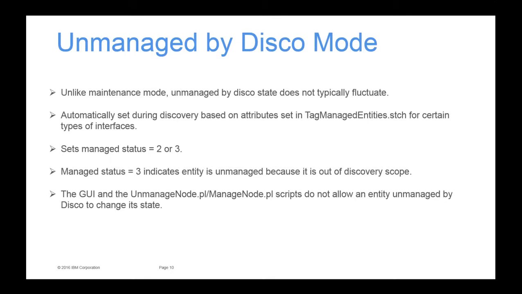Unmanaged by disco mode. So unlike the temporal nature of the maintenance mode, the unmanaged by disco does not usually fluctuate. This is set automatically during discovery based on some attribute criteria that's set in the tag managed entity stitcher for certain interfaces. This sets the managed status to 2 or 3.